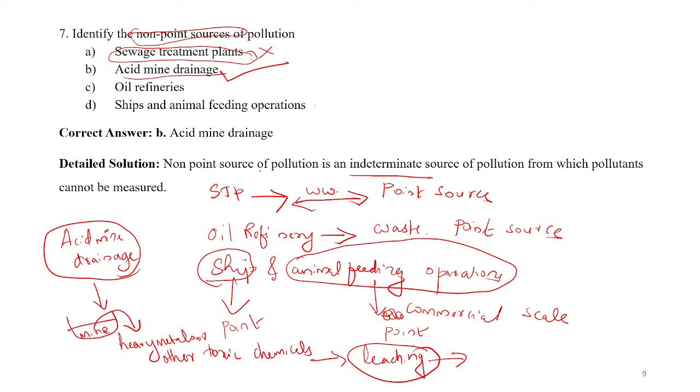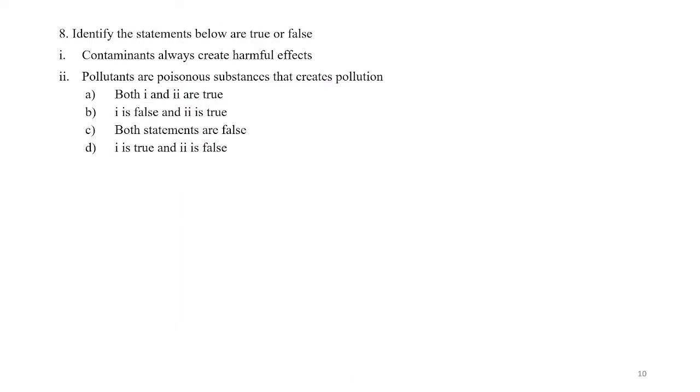So I hope it is clear for you now. Let us move on to the next question. Our next question is, identify whether the statements below are true or false. First one is, contaminants always create harmful effects.